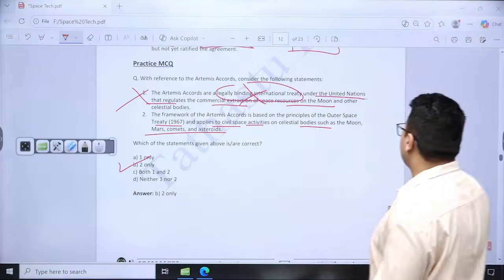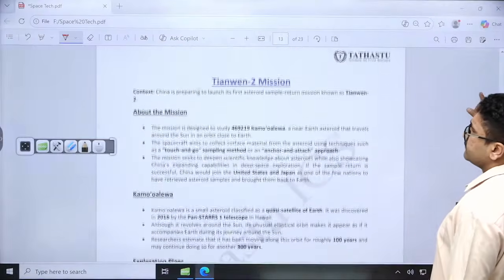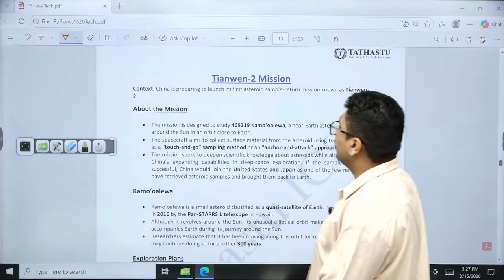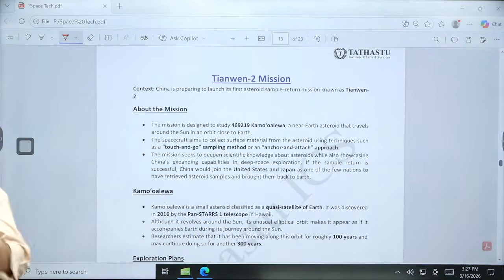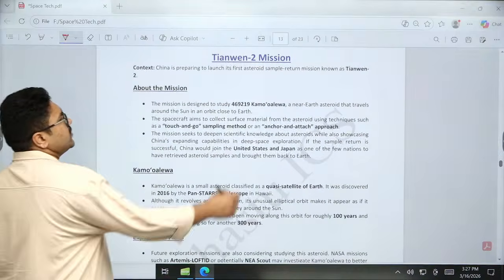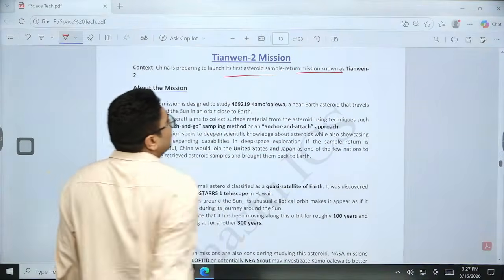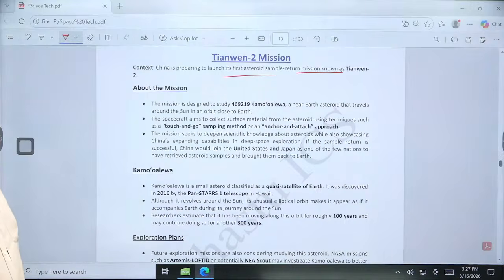Coming back to our next article, that is about the Tianwen mission. China is preparing to launch its first asteroid sample return mission, that is the Tianwen-2 mission.